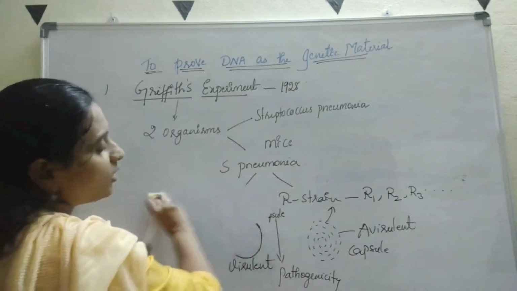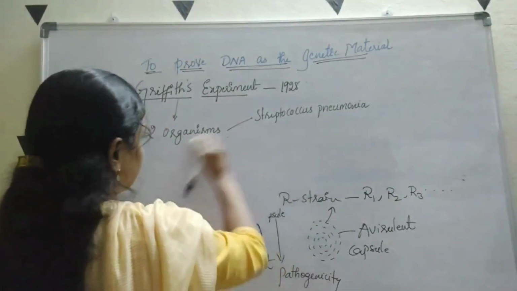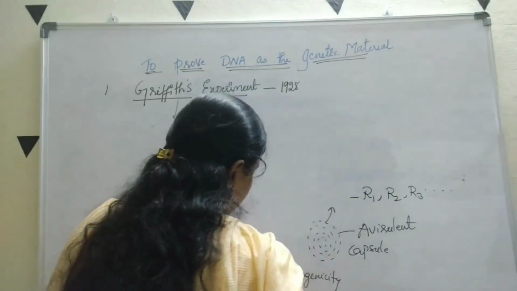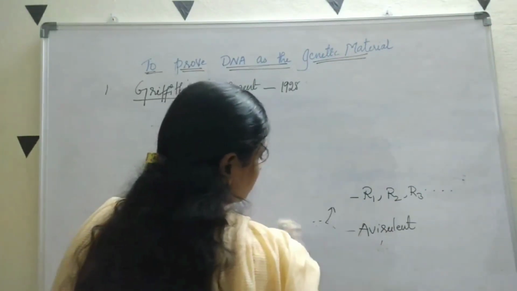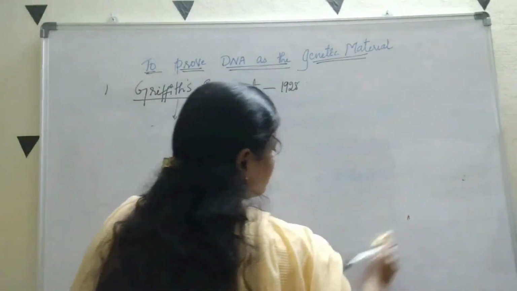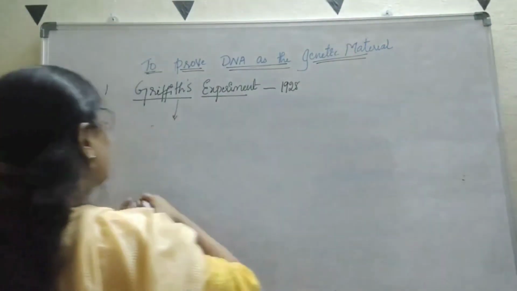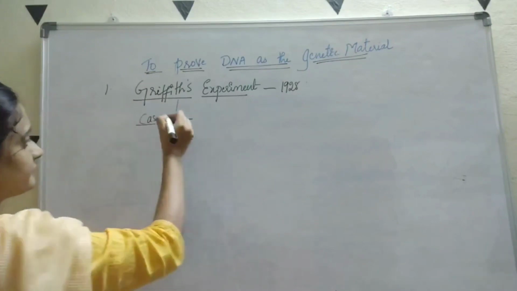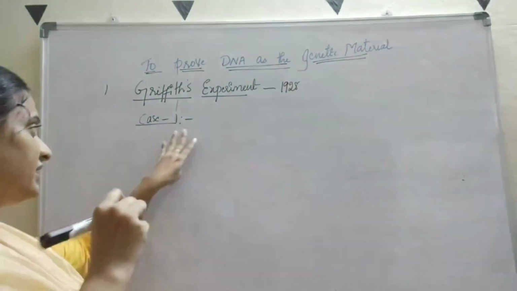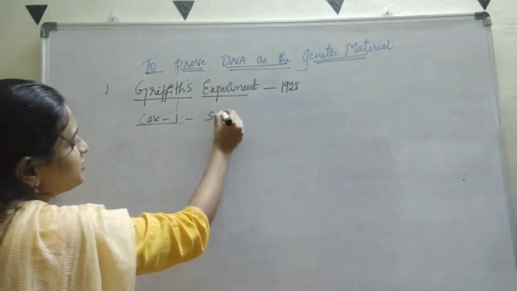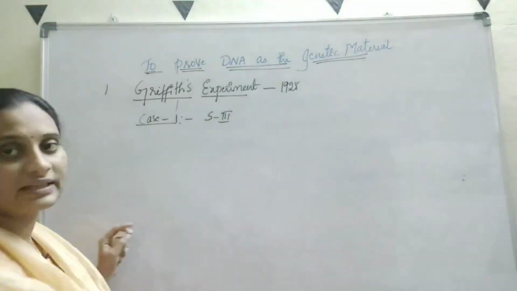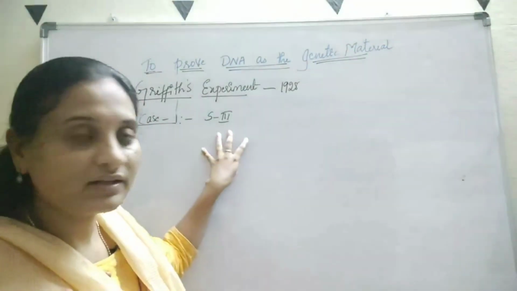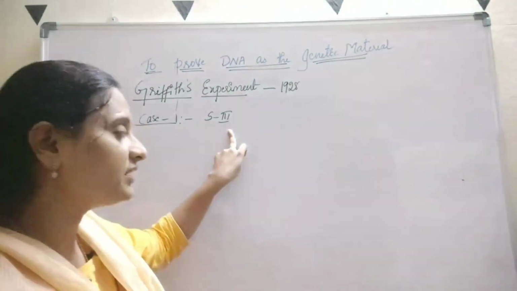So let us see how he carried out his experiment. Case 1. In case 1, he used smooth strain 3. As we know, the smooth strain is virulent in nature.